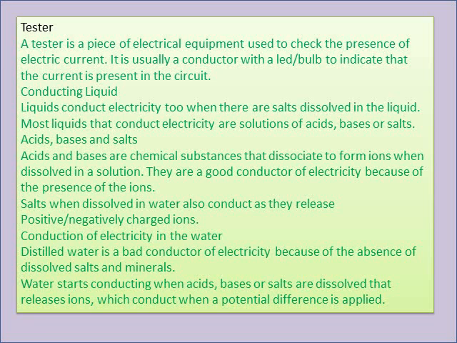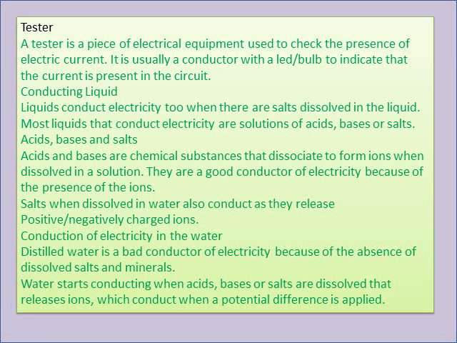It is usually a conductor with an LED or a bulb to indicate that current is present in the circuit. If the bulb glows, then the liquid is a conductor. If the bulb doesn't glow, naturally the liquid you have taken is not a conductor.